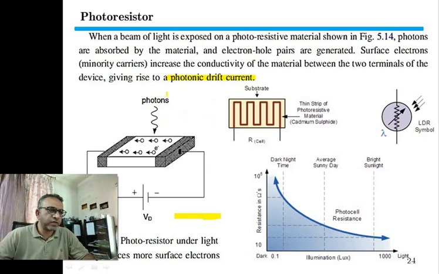So in this diagram, photons are falling on the surface, the electron-hole pairs are being generated, the electrons leave their valence shell, leave a hole behind, and come to the conduction shell, and they are ready for conduction.